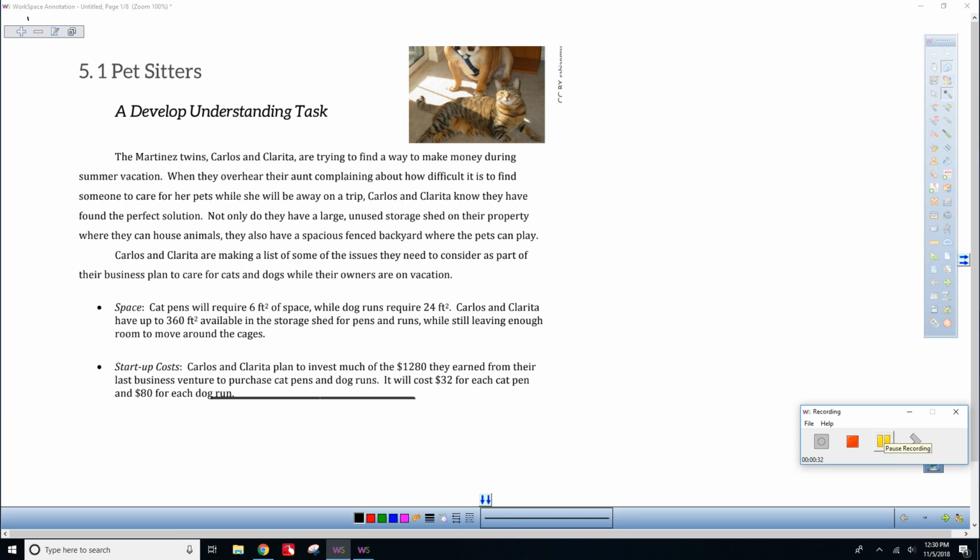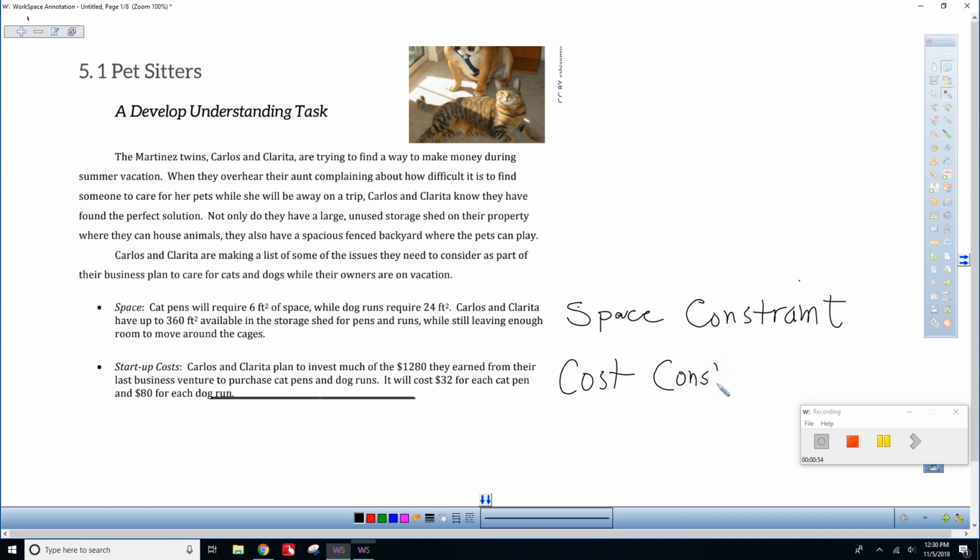These are going to be called your constraints. This is your space constraint, and this is your cost constraint. A constraint is a limiting factor, a limiting set of circumstances.